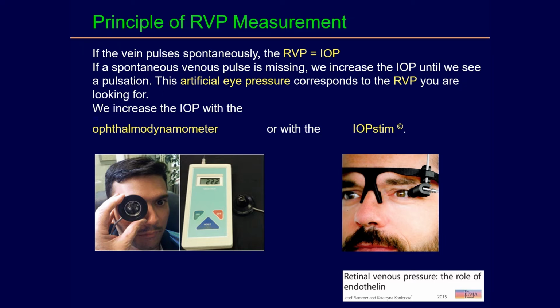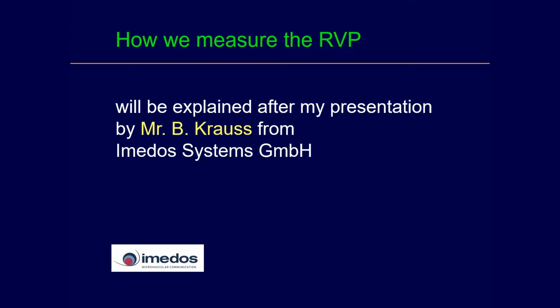This artificial IOP then corresponds to the pressure in that vein. We can raise IOP either with an ophthalmodynamometer or with the IOP stim. How to do this exactly will be explained after my presentation by Mr. Kraus from Emer.